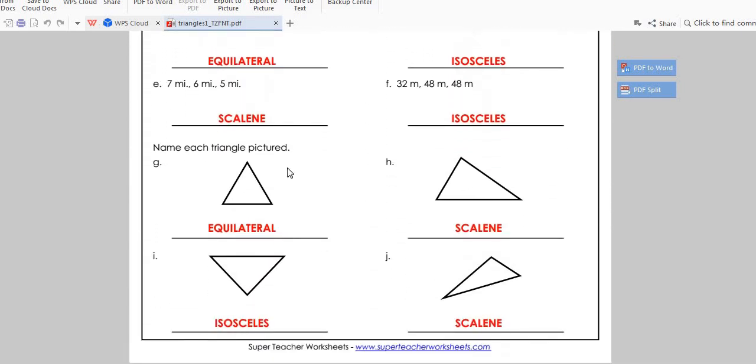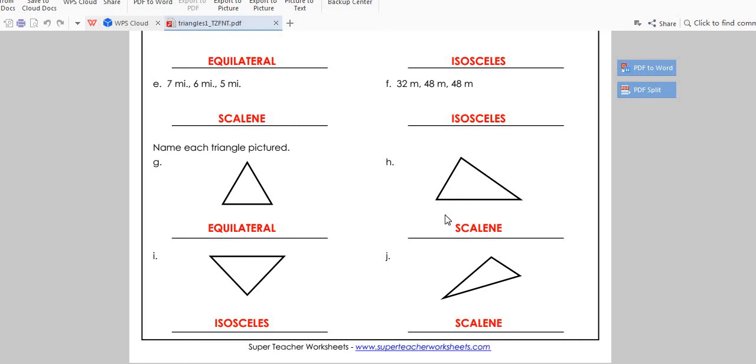Here we have 1, 2, 3. 3 sides are equal in length. If you use your own ruler and your naked eyes also, you can determine that all sides here are equal in length, so it's called equilateral triangle. Here, if you measure using your own ruler, this side is not equal to this side, and not equal to this side, so all sides are different.